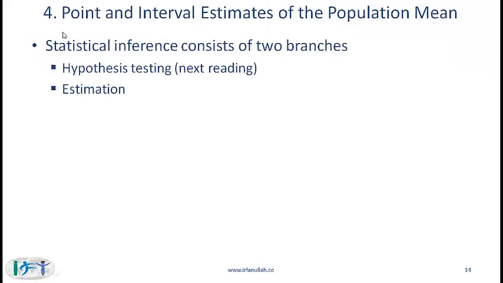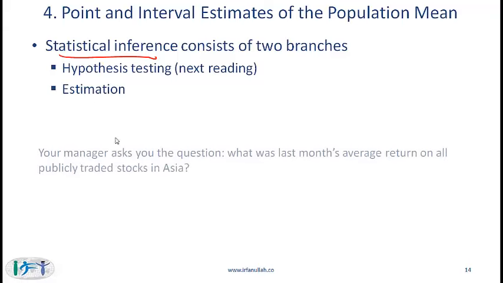Moving now to section 4, point and interval estimates of the population mean. Statistical inference consists of two branches: hypothesis testing, which we'll cover in the next reading, and estimation, which we will talk about here. To make this segment more interesting, I will ask a simple question.